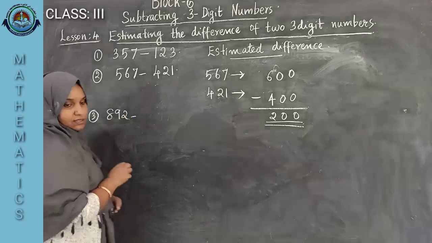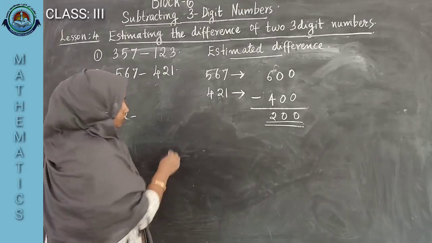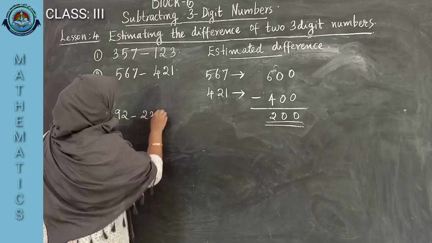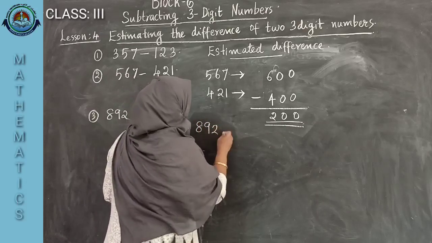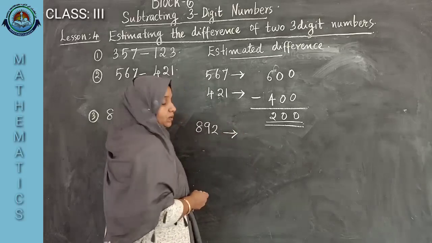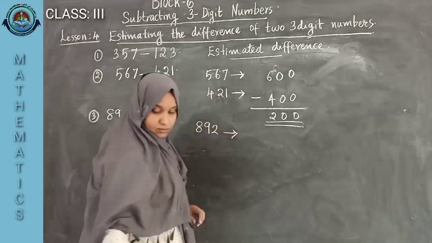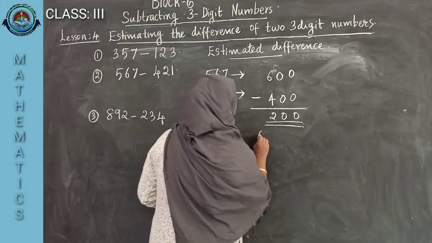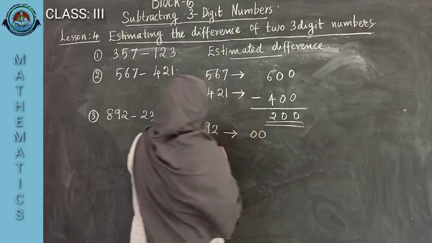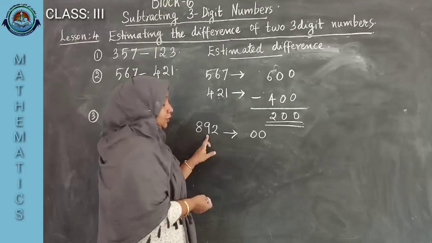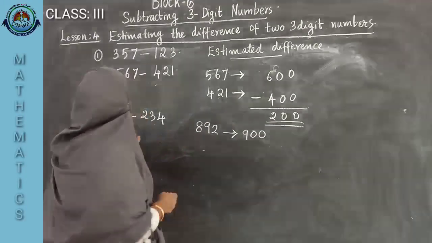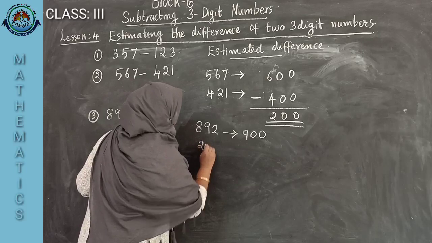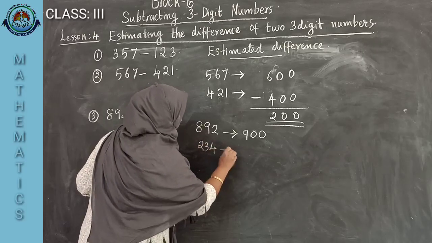We can do one more example: 892 minus 234. 892 on rounding off, we get 0, 0. Here the tens digit is 9. 9 is greater than 5, so we have to add 1 to this 8. Then what is the next number? 234.